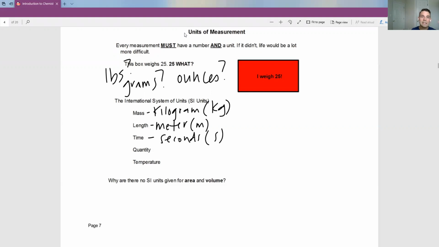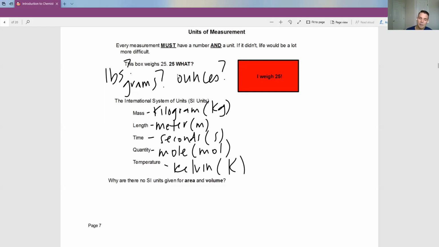You're going to see me write SEC a lot because I have to do it my own way. Quantity is a mole, abbreviated, not much of an abbreviation, but mol. And then temperature is going to be Kelvin, which is just a capital K, no degree symbol. I'm sure you've seen Kelvin before. The mole we're going to get into in greater detail later on in the year.